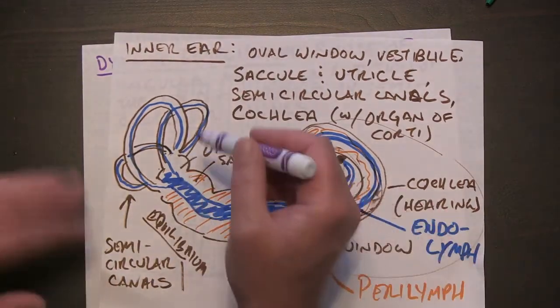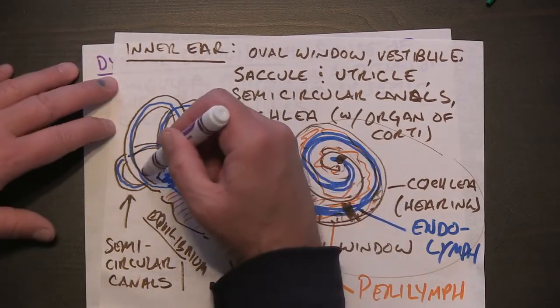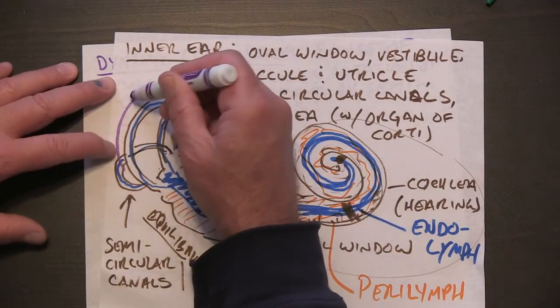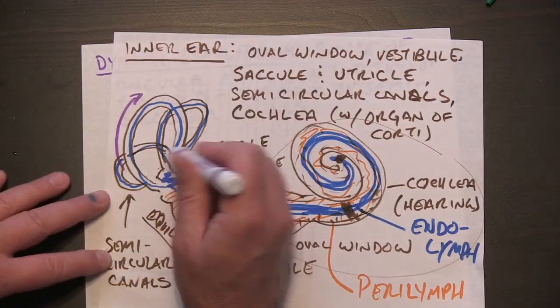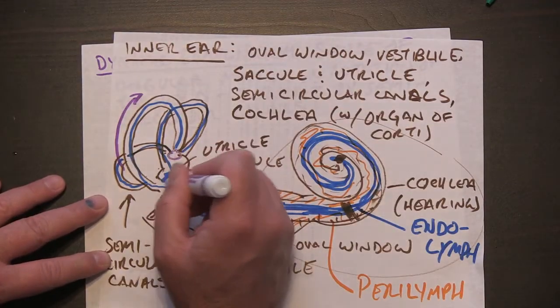And it's the same concept here. If you turn your head a certain way, the fluid in the semicircular canals is going to go the opposite direction of the head movement, and the fluid's going to stimulate hair cells that are located down here in the base of these things.